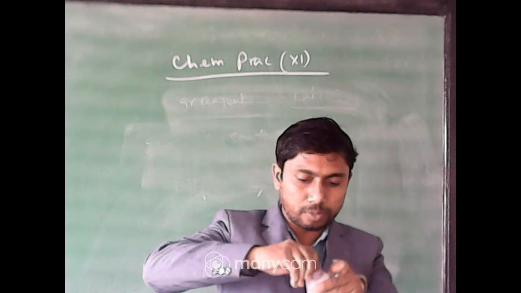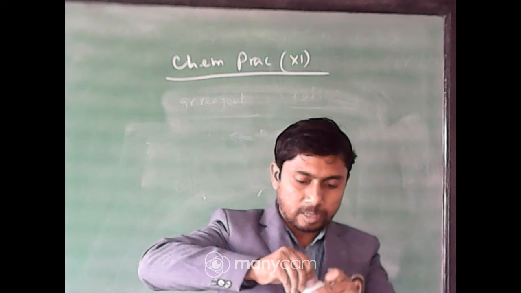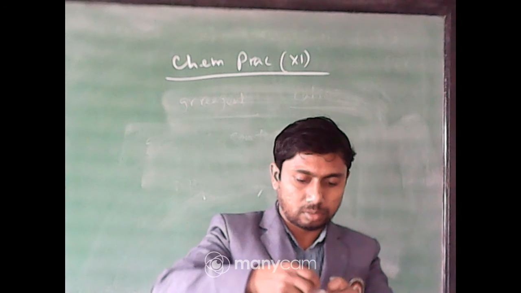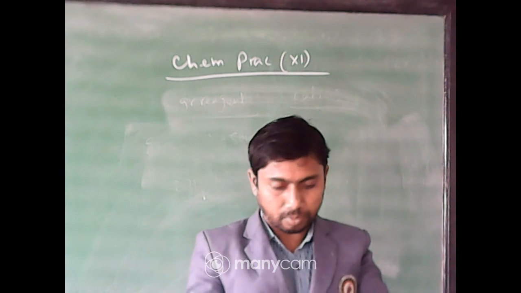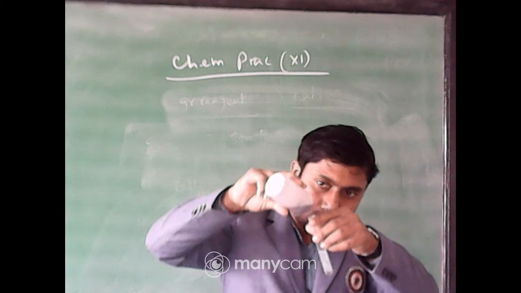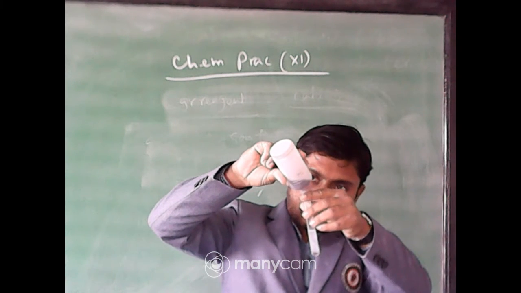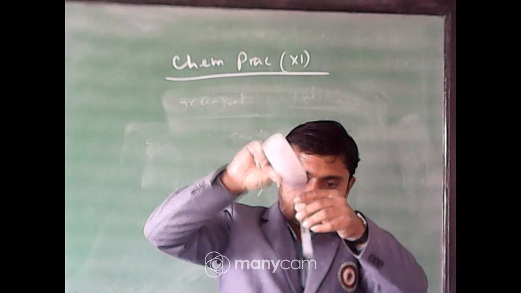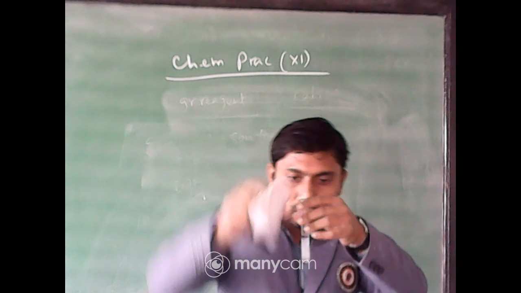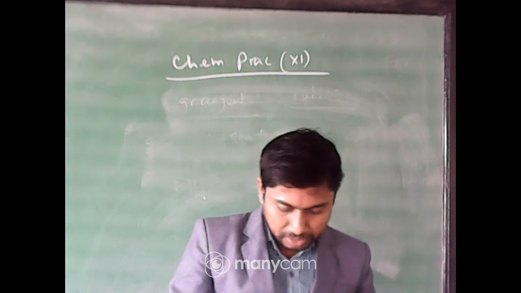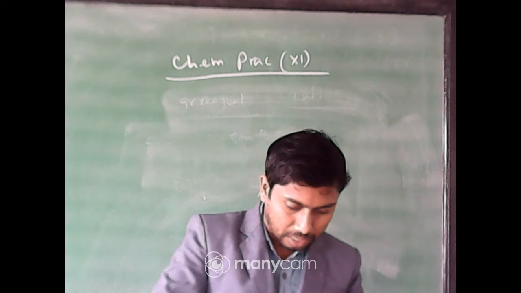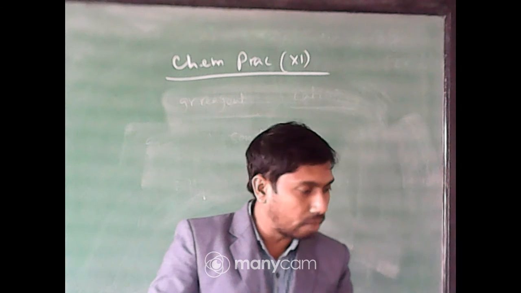Just 2 to 3 drops of blue litmus should be added here. Okay, blue litmus added. Now we will add dilute HCl to this.